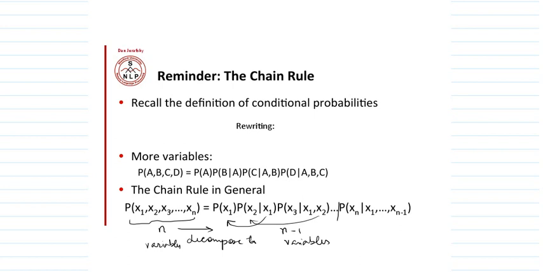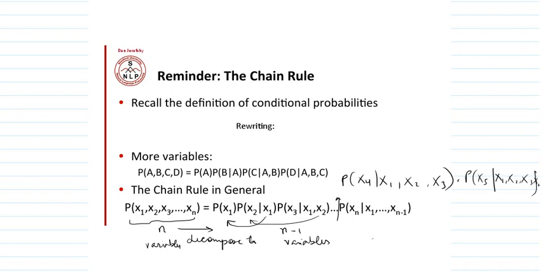The next term here that we could write would be p of x4 given x1, x2, x3, multiplied by p of x5 given x1, x2, x3, x4. So in this way we can calculate the probabilities, right?